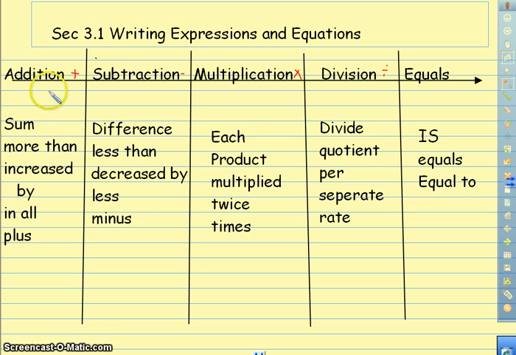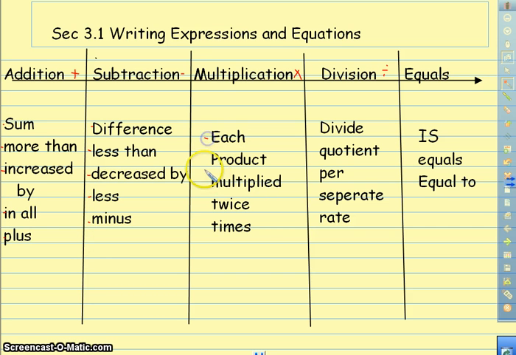For addition, these are some words that would represent to add: taking the sum, more than, increased by, in all, plus. For subtraction, we have difference, less than, decreased by, less, and minus.